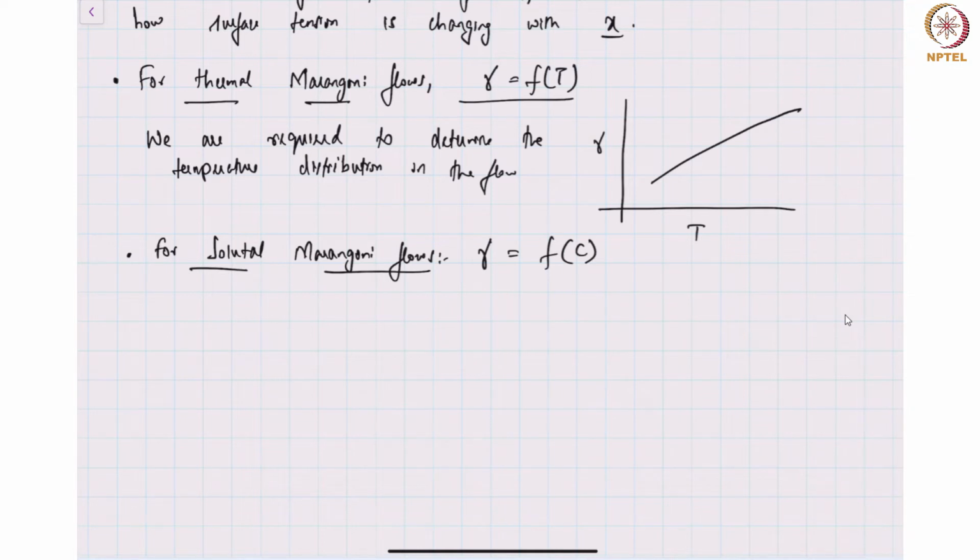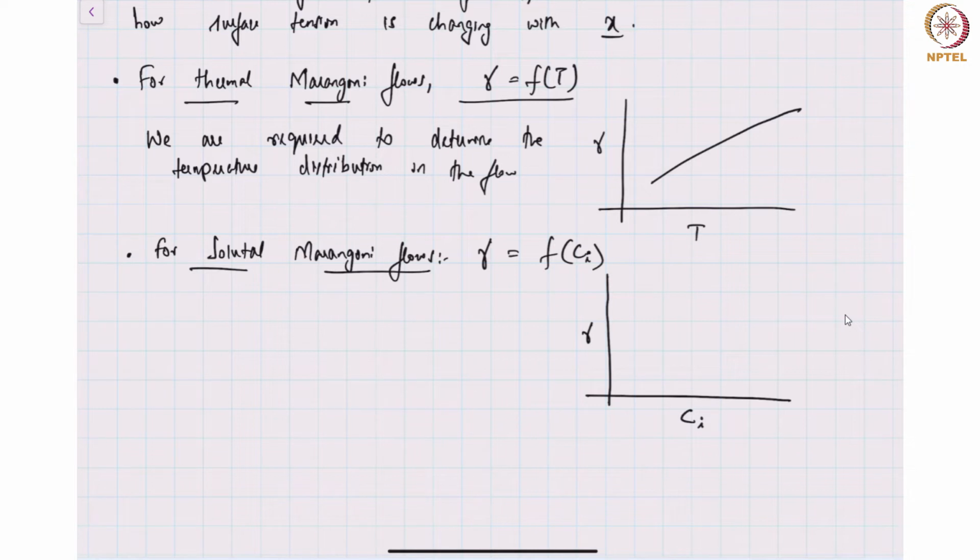The concentration in this case could be surfactants at the interface. So for example, I will again need an equation of state. There are two concentrations one has to keep in mind. This is concentration at the interface, concentration of surfactants at the interface. So once I know the interface concentration, I determine how surface tension is varying with concentration.